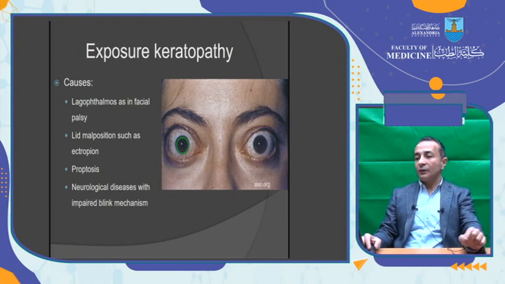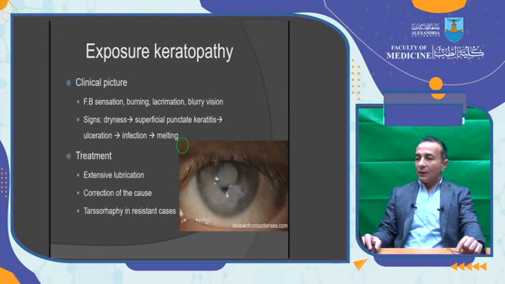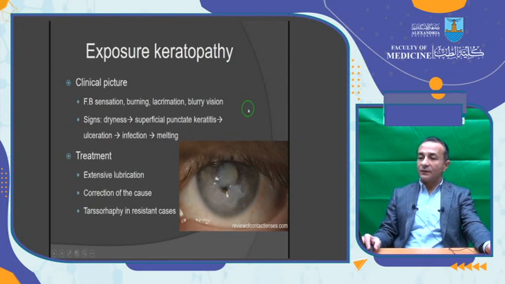Also, there are some neurological diseases that may impair the blink mechanism and lead to exposure keratopathy. So the clinical picture of exposure keratopathy is similar to those cases with corneal ulceration, in the form of foreign body sensation, burning, lacrimation, and blurring of vision.